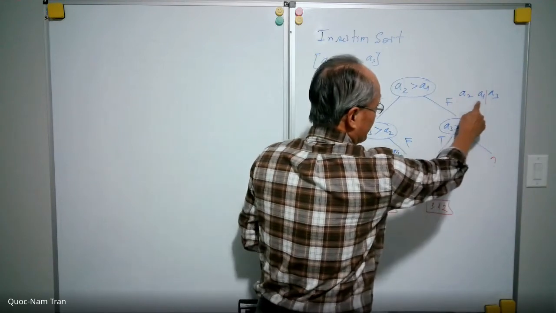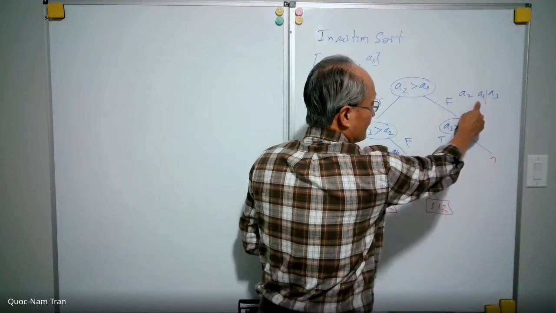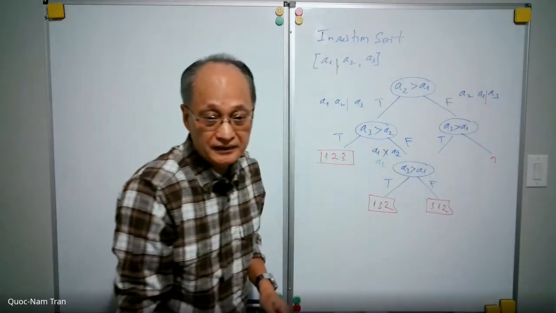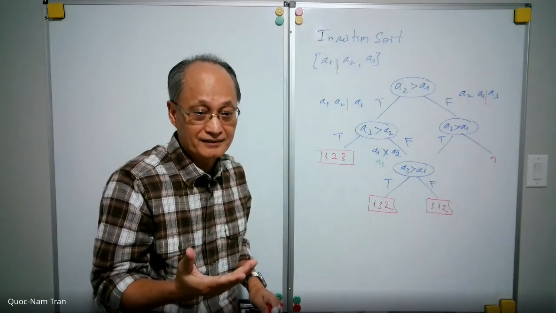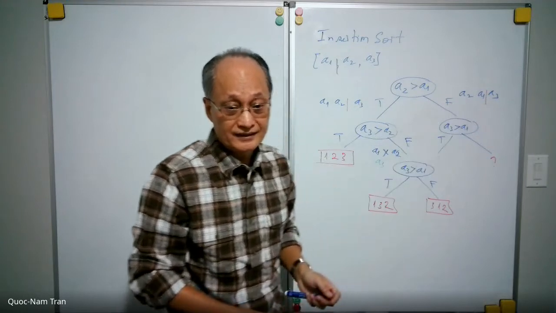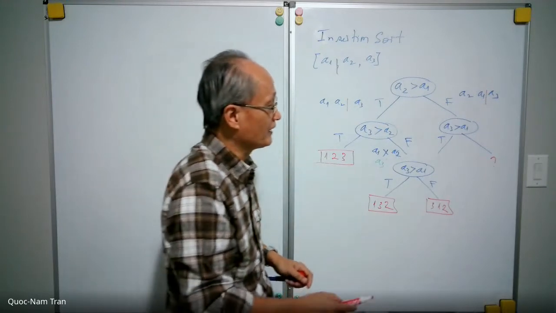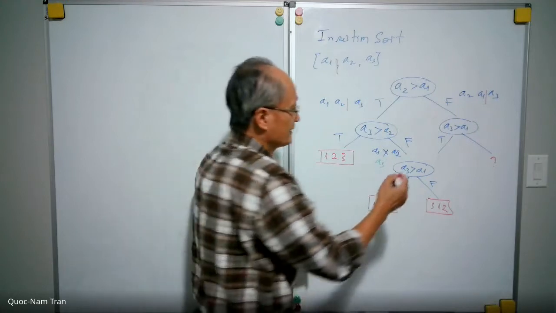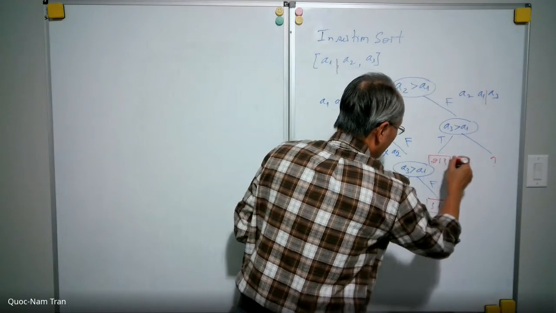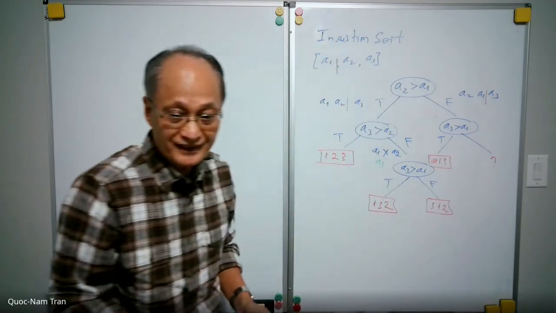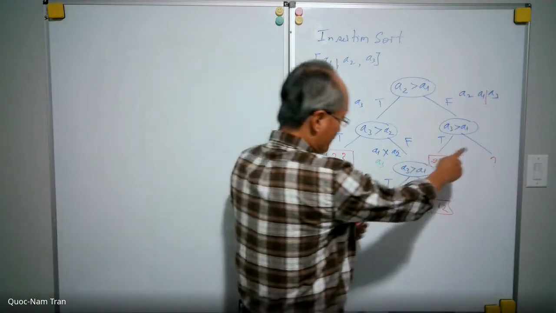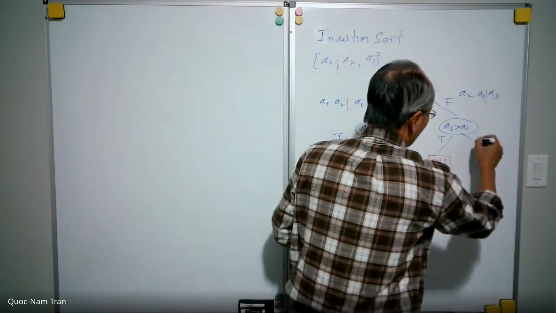If A3 is greater than A1, meaning there's no pushing of A1 and A3 is already in the right place, so we already have this list sorted. So what does it mean? We have 2, 1, 3, right? So here we have 2, 1, 3. Okay? Now, if it's false, then what will happen?